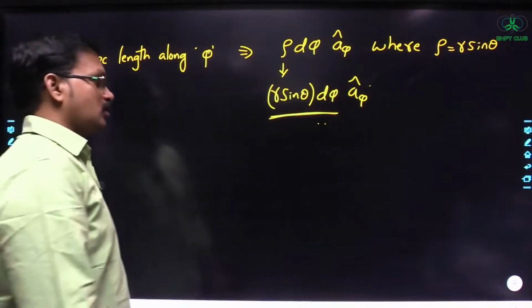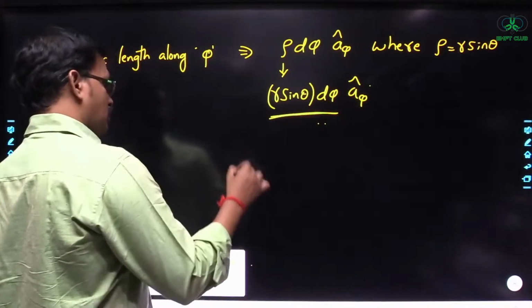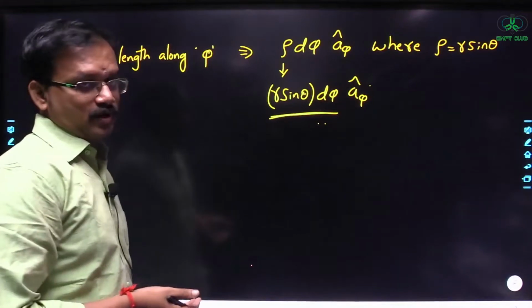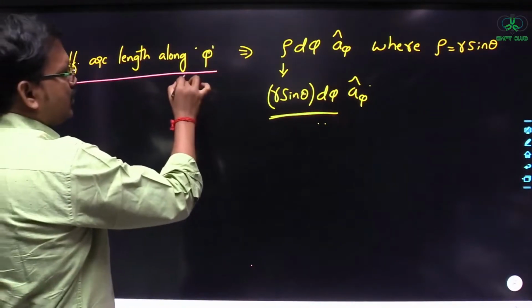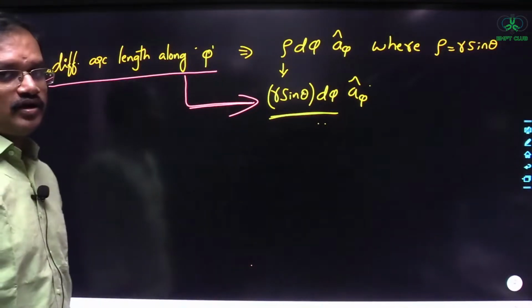Understood? Here rho is not constant, it is going to depend upon r and theta, and how it depends on them is what we have determined. So the differential arc length along phi is r sin theta d phi a phi cap.